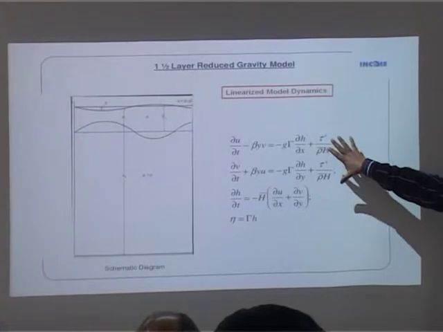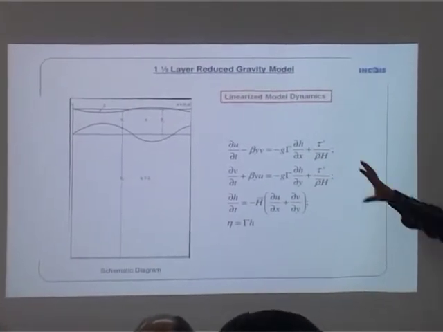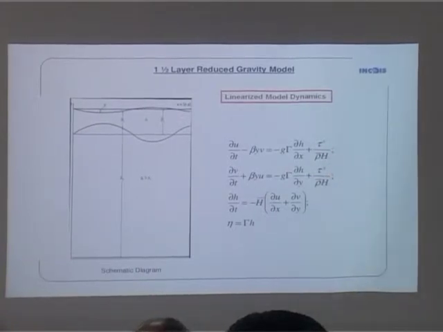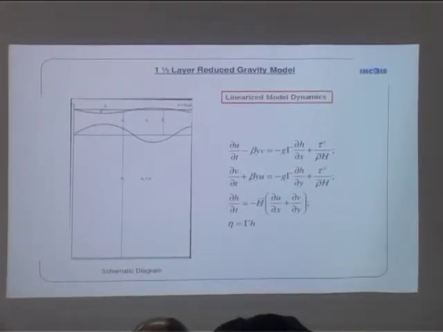These are basically shallow water equations which are linearized. This gives outputs as 3 variables: the 2 currents in the 2 directions, zonal and meridional, and the sea surface height, the sea surface anomaly.